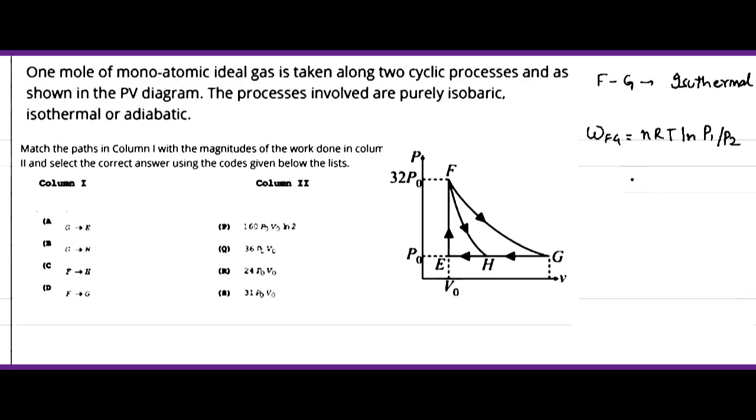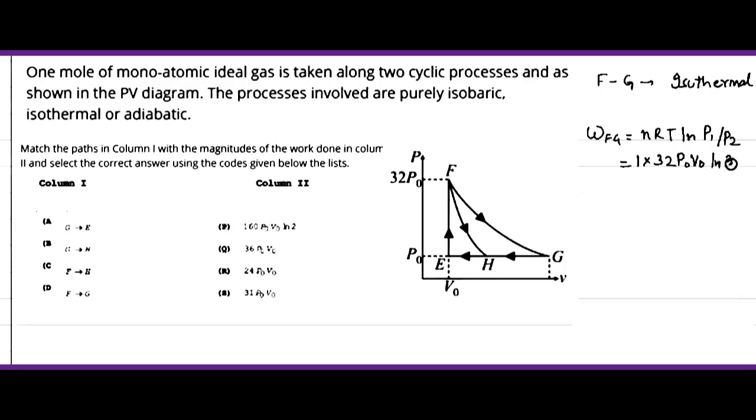Now let's put the values. We do not know the temperature here, so in place of RT we can substitute the pressure and volume that we know. n is simply 1, and in place of RT we can write P naught V naught, since the temperature is constant, so this is 32 times P naught V naught.